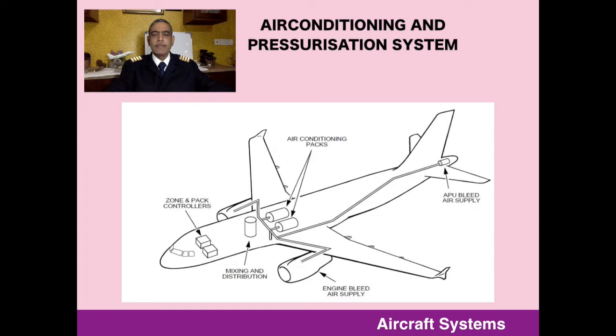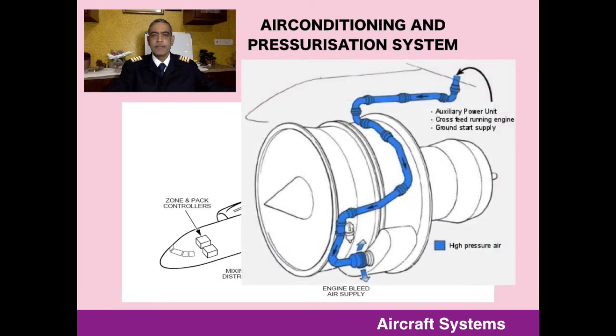To start with, there is the power plant of the plane, which provides the thrust, of course, for the plane to fly. In addition, it provides for several other services. One of the systems which it services is the air conditioning and pressurization system.